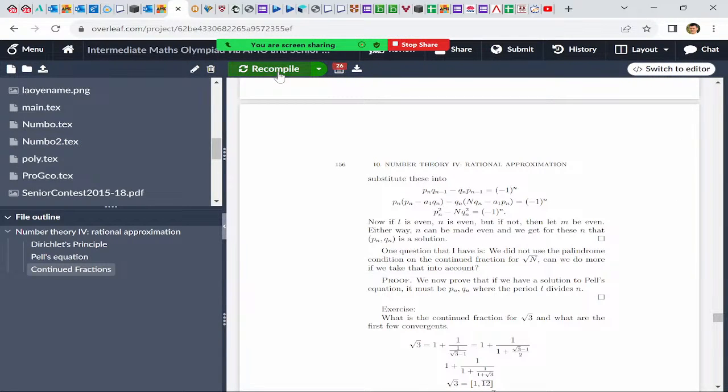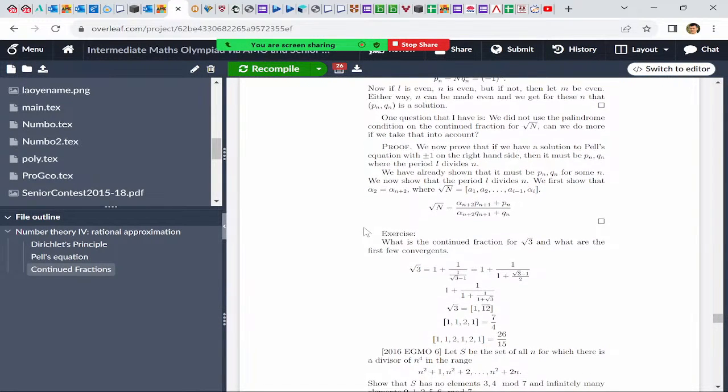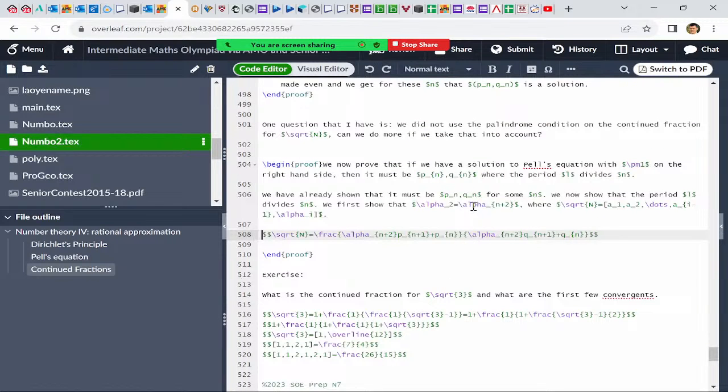I did. Yeah, that is correct. So root n equals that, right? But you sure had alpha n plus 2 in it? No, because I didn't show alpha n plus 2 was equal. Oh, alpha n plus 1. Yeah. I have to do Pn minus 1. Because what they showed was the previous alpha n plus 1, because they showed it was some integer difference from root n.